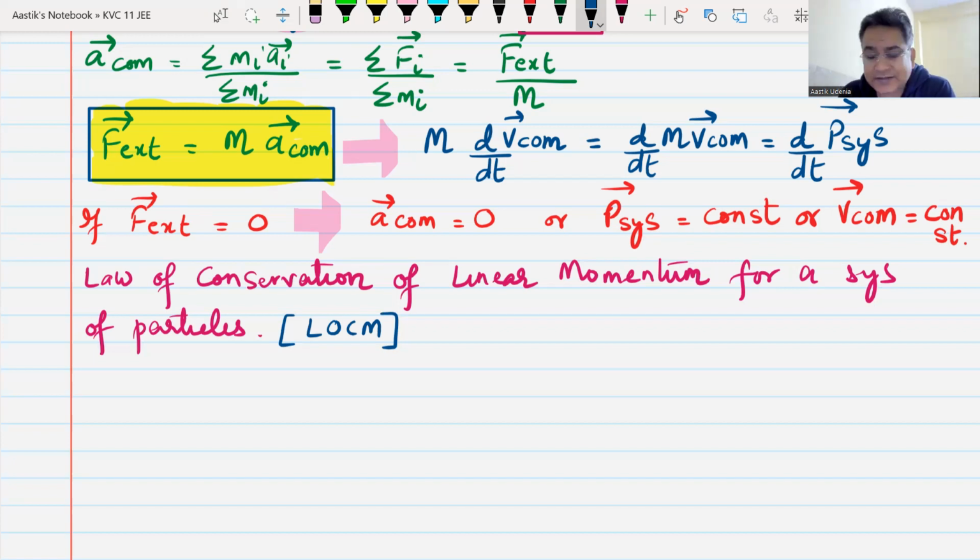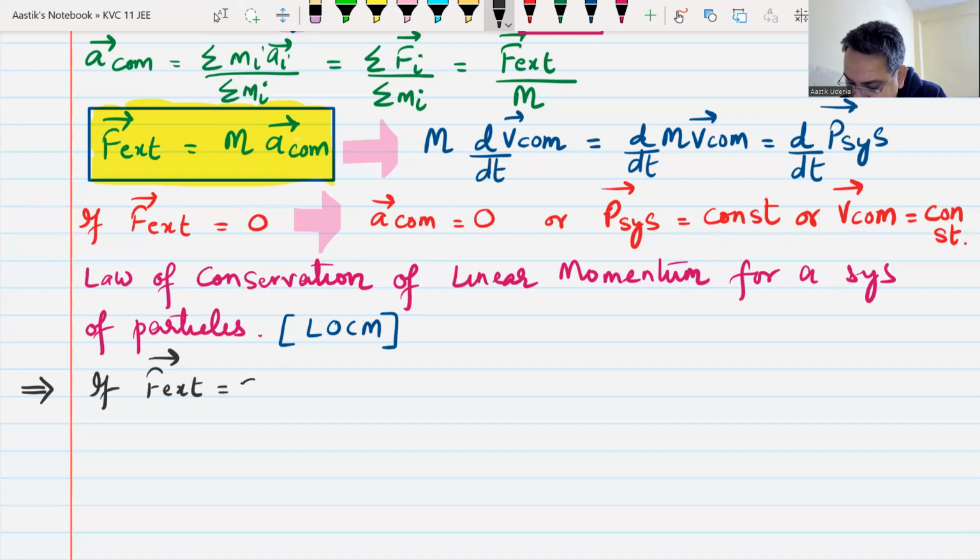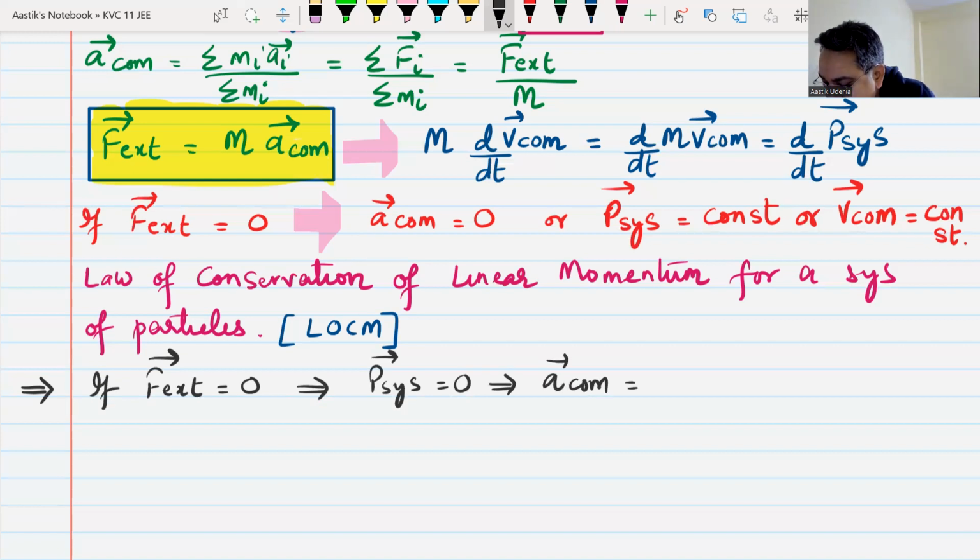Now, in most of the cases, what is going to happen? So you can write it as an important point, in fact. Now, law of conservation of momentum: if the external force acting on a system of particles is zero, it implies that the momentum of the system of particles is constant, which implies that acceleration of center of mass is zero, or the velocity of center of mass is constant.